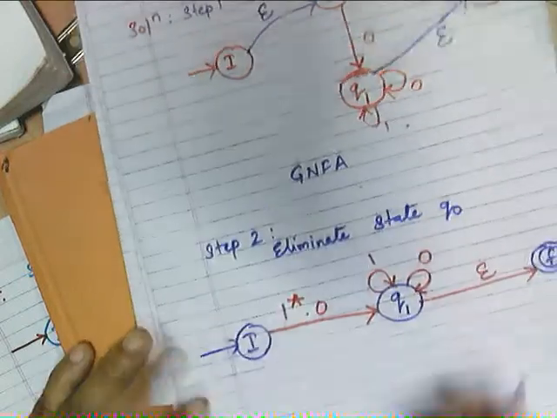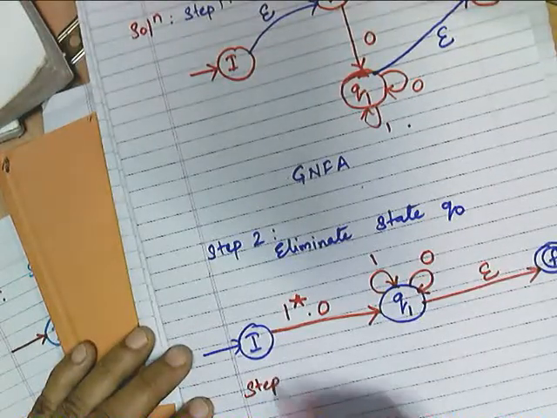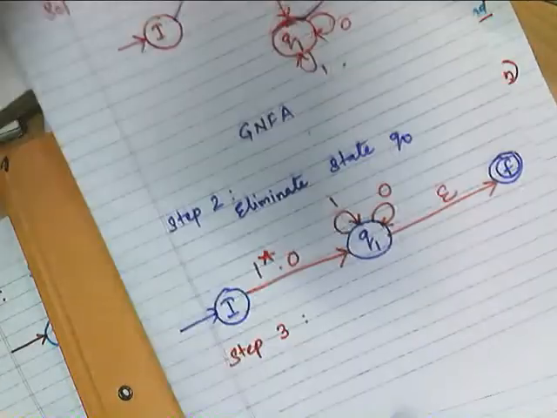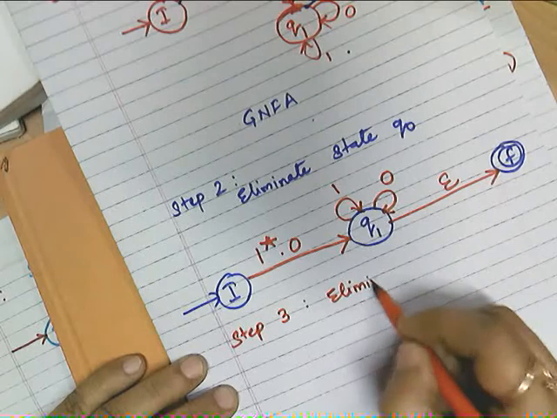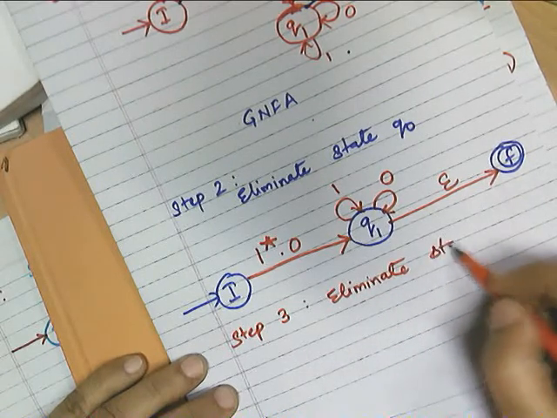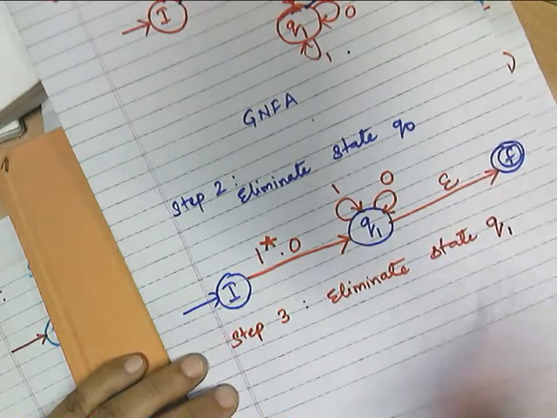Now step 3, what do we have to remove? We want to eliminate state Q1.